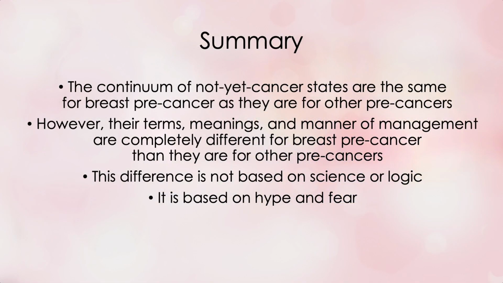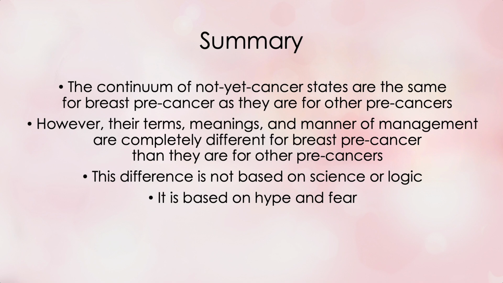So the summary for today is this. The continuum of not yet cancer states are the same for breast precancer as they are for other precancers. However, their terms, meanings, and manner of management are completely different for breast precancer than they are for other precancers. This difference is not based on science or logic.